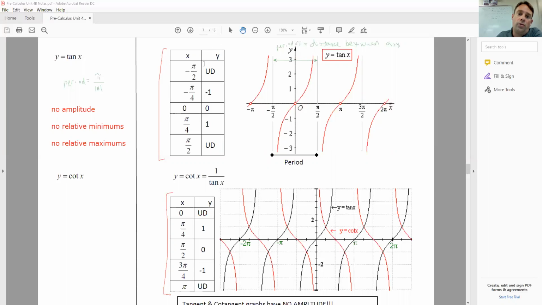Also, when we're looking at the graph, as far as determining if it's even, odd, or neither, a tangent function or a cotangent function can never be even. Because, remember, graphically, for our trig functions to be even, they have to have a relative extrema on the y-axis. And since tangent and cotangent don't have relative extrema, they'll never be even.